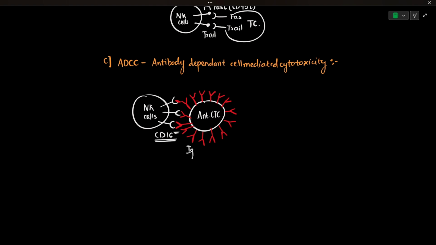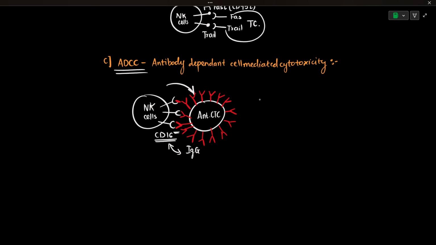Let's assume this is an IgG antibody. The interaction between those two will result in activation of the natural killer cell, which will trigger its degranulation, releasing perforin and granzyme, and that will result in killing the antibody tagged cell. So this is also a really important way of killing infected cells.